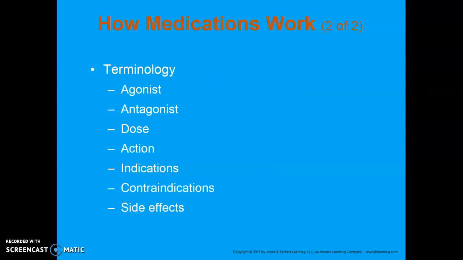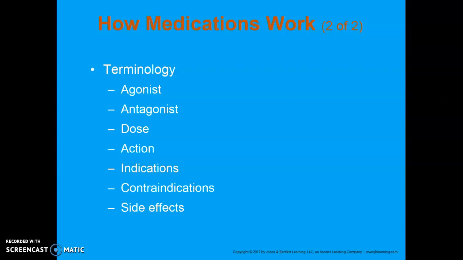So more terminology, the agonist is a medication that causes stimulation of the receptor. An antagonist is a medication that binds to a receptor and blocks other medications or chemicals from attaching to that same receptor. A dose is the amount of medication that is given.